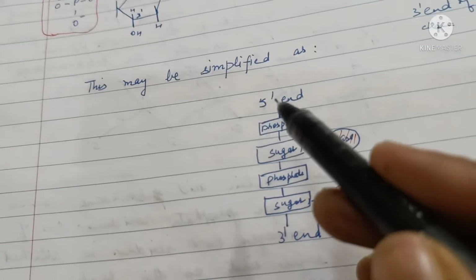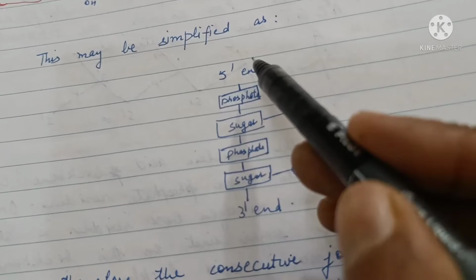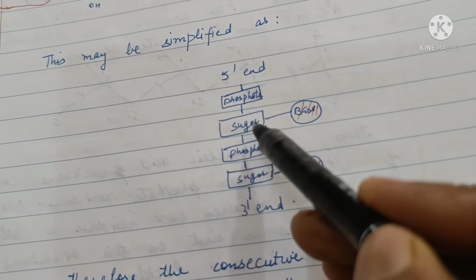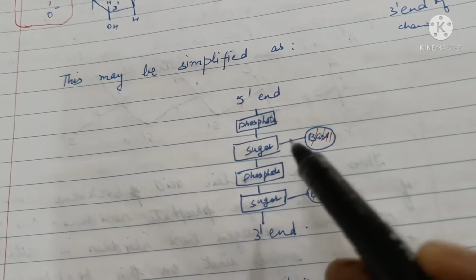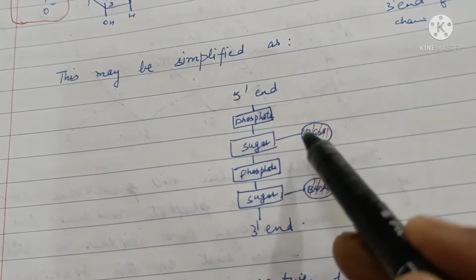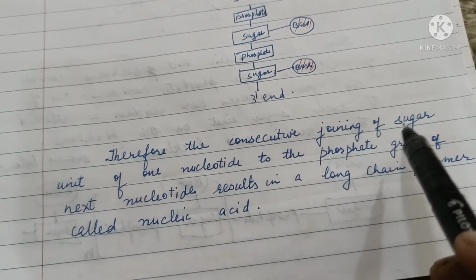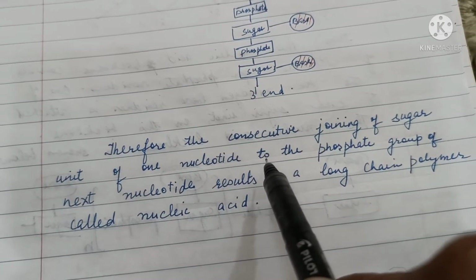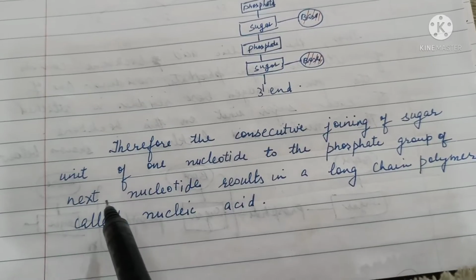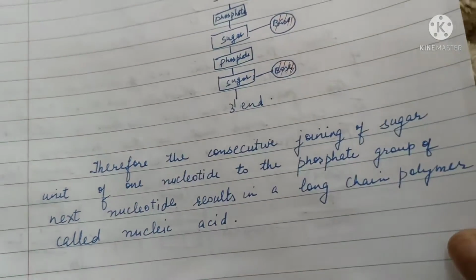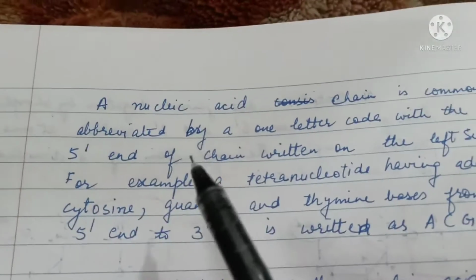So we write from 5 end to 3 end. The 5 end is attached through phosphate to sugar, attached through phosphate to another sugar, and the sugar is further attached to base at carbon number 1. Therefore, the consecutive joining of the sugar unit of one nucleotide to the phosphate group of the next nucleotide results in a long chain polymer called nucleic acid. We can also call the polymer a polynucleotide.